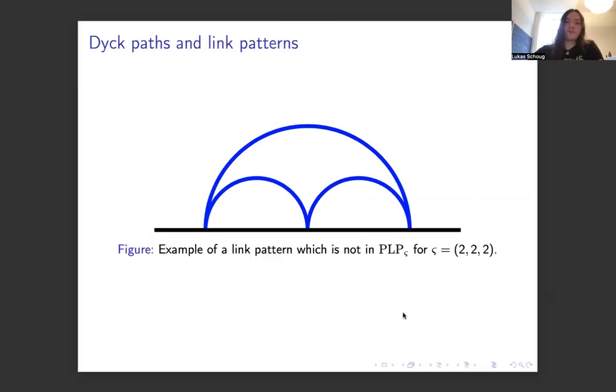Right, and here is an example of a link pattern which is not in the allowed set for this sigma, because if this here is a positive jump and this here is a negative jump, then this has to connect with a negative jump, and this going backwards here has to connect with a positive jump. And that's not possible for this because this can't be both a positive and a negative jump. So this link pattern does not show up in the allowed models that we have constructed.